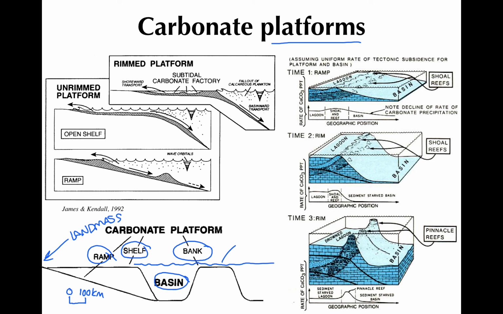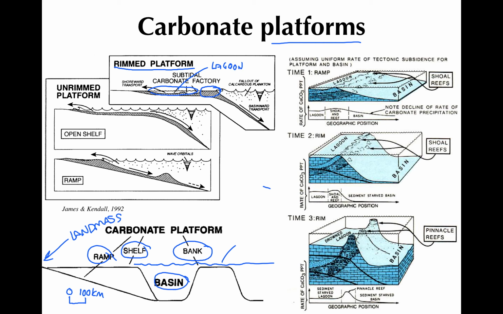The edges of carbonate platforms may be rimmed or unrimmed by smaller buildups called reefs. Reefs are these buildups that are large enough or shallow enough to block incoming wave energy from the open ocean. So if you have a rimmed platform, all of the wave energy stops here, and you end up having a shallower water lagoon where the water is quieter.